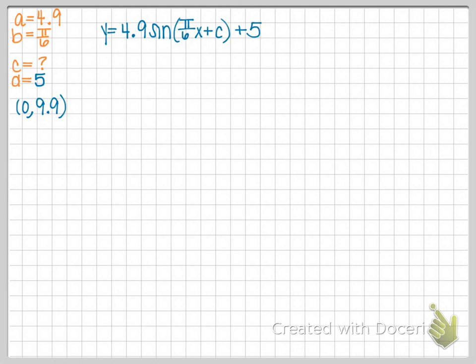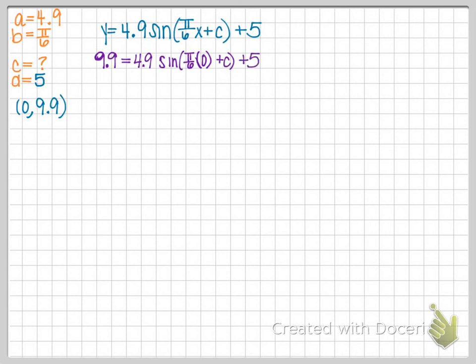All right. And then we're going to go ahead and plug in our point. So I've got 9.9 in for y equals 4.9 sine of pi over 6 times 0 plus c, plus 5.